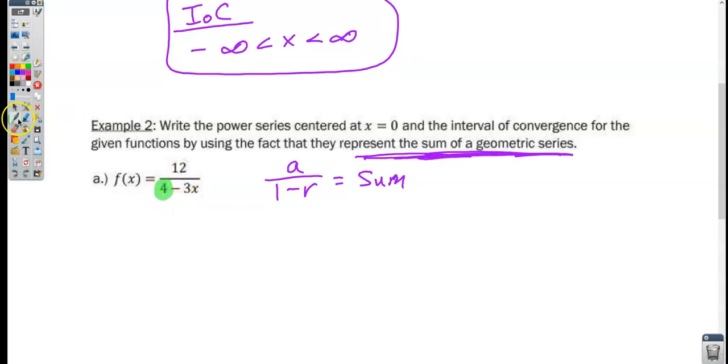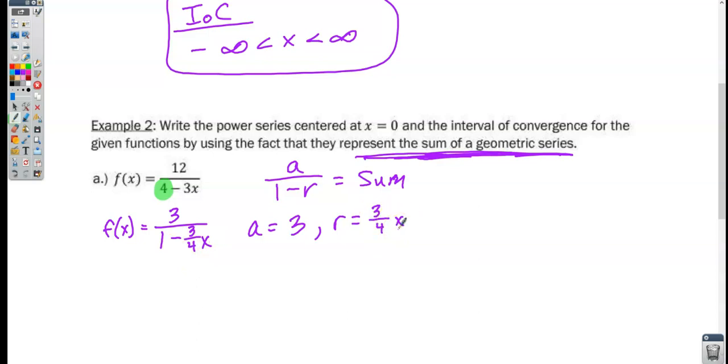I want it to be 1. So I'm going to divide both numerator and denominator here by 4. And that gives me something that is functionally equivalent to the original function, but it's of the form a over 1 minus r. So we can now identify a is 3, and r here is 3/4 x.